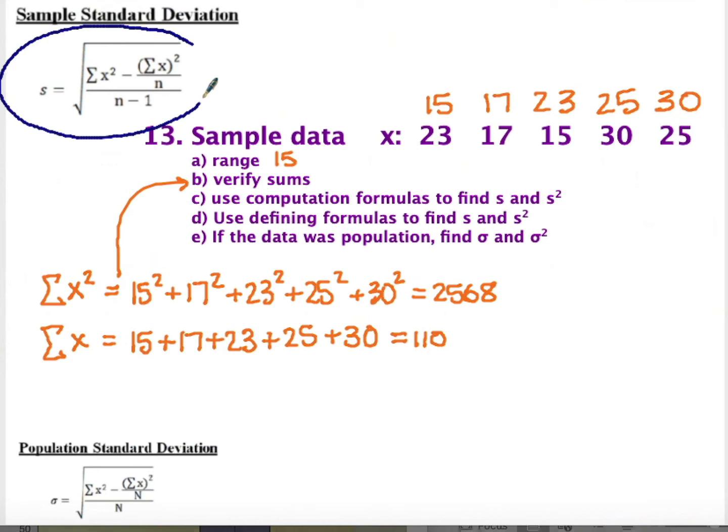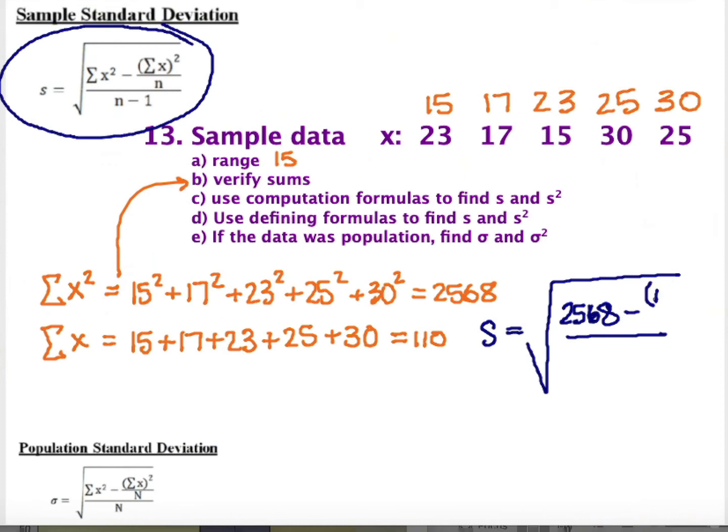Now we're going to try using that computation formula for the first time to find s and s squared. So the standard deviation is equal to the square root of the sum of x squared, which is 2,568, minus the sum of x, squared, divided by n.